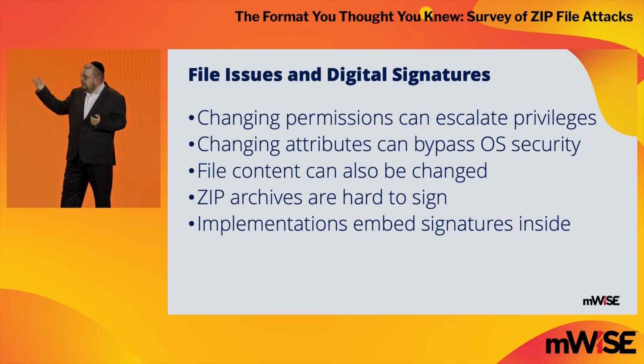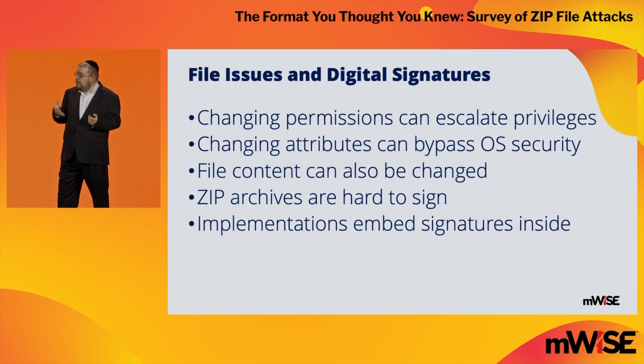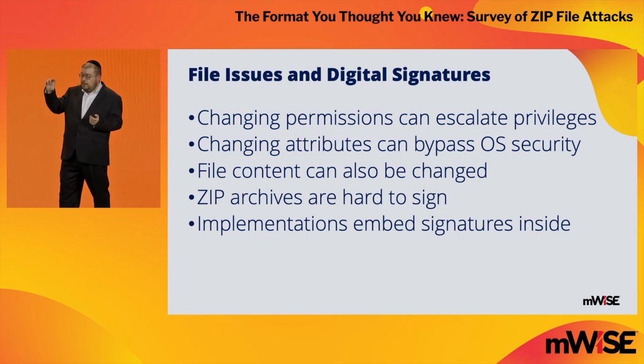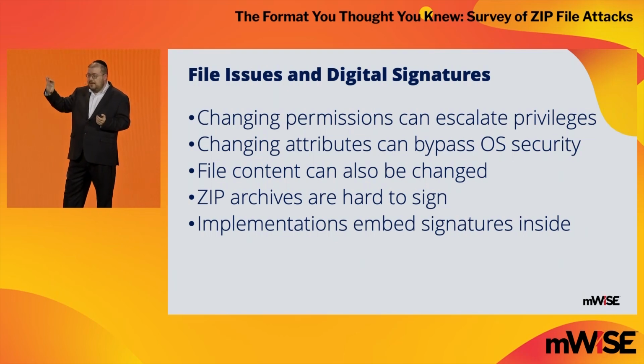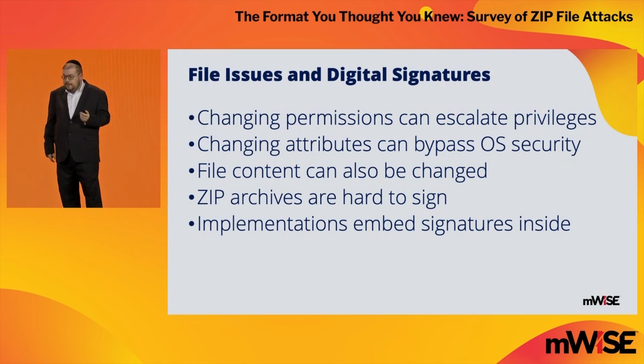The reason for that is that you can't sign a zip archive without manipulating the archive. A lot of implementations just stick a special file in there, or on Android, they put a special block somewhere in the zip file. And once you start manipulating things, as opposed to using a separate PGP signature, you have a lot of issues, and you could bypass this.